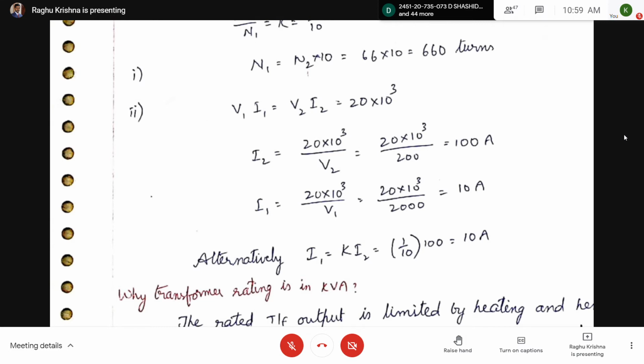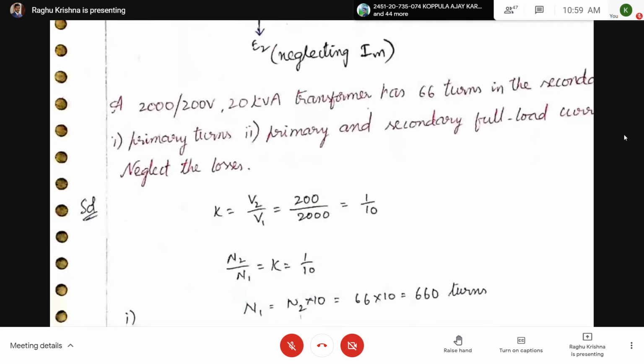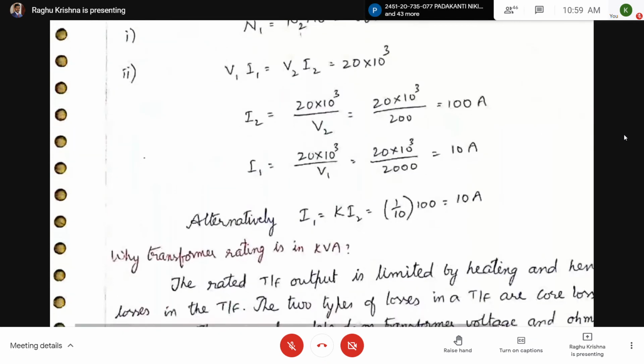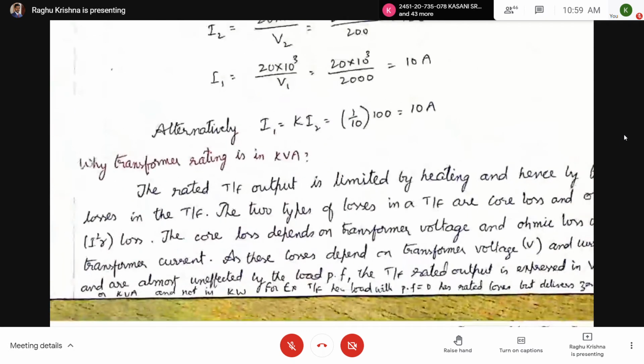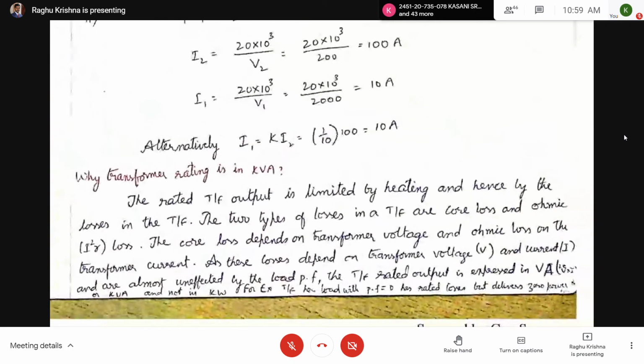Next, in the question you can see 20 kVA is the power rating of the transformer. So why is the transformer rating given in kVA? Sometimes they may ask this question. The rated transformer output is limited by heating, and hence by the losses in the transformer. So the transformer rating is based on the heating.